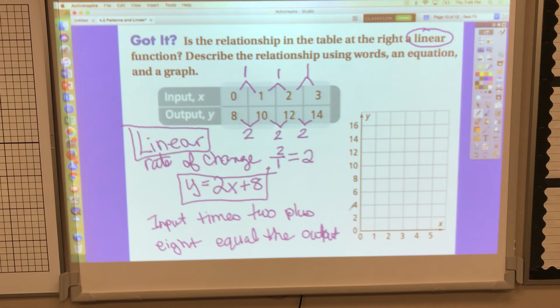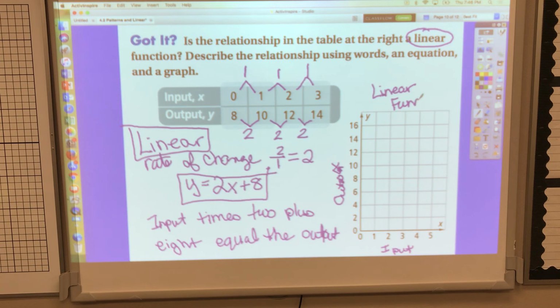Okay, here's my equation, here's my words, and all I have left now is my graph. Okay, remember your graph you need to label. So my x, the only thing we know about x is it's our input. The only thing we know about y is it's our output. Okay, so a title, the only thing we know about this relationship is it's a linear function.